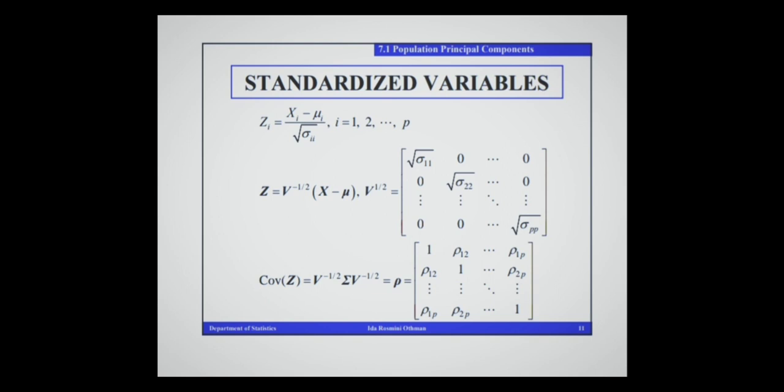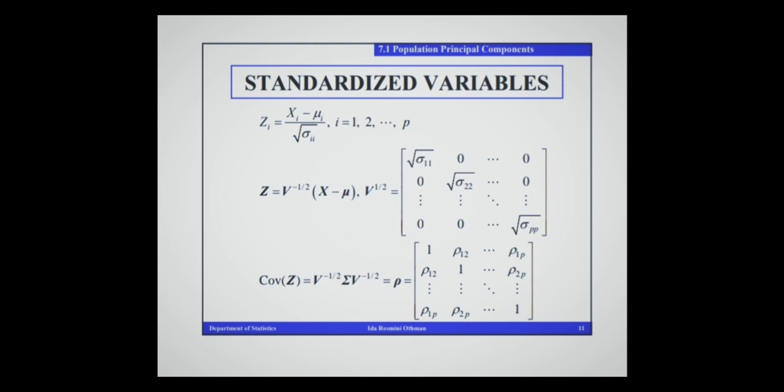Okay, and then the formula to find the variance covariance matrix of Z will be like this. You have seen this before, right? To find the covariance matrix, you need to find the inverse of the square root of V, multiply by the big sigma, which is the variance covariance matrix of X, multiply by the inverse of the square root of V matrix.